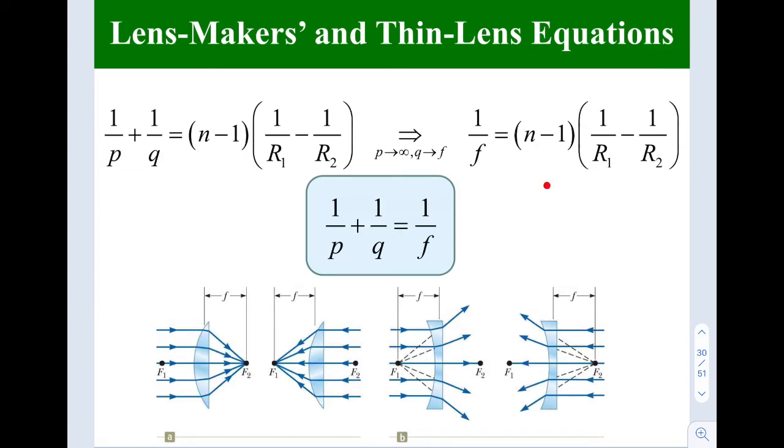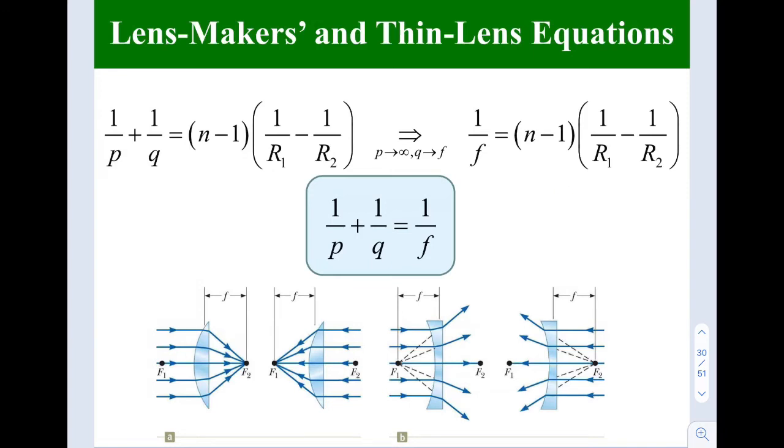This relationship we call the Lensmaker equation, because it can be used to determine the R1 and R2 needed for a given index of refraction and a desired focal length. Conversely, if the index of refraction and the radii of curvature of a lens are given, this equation can be used to find the focal length.